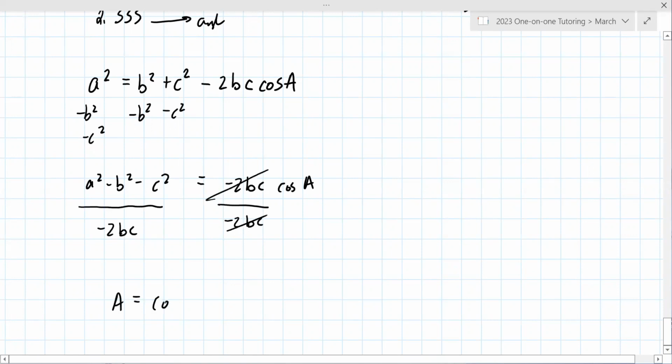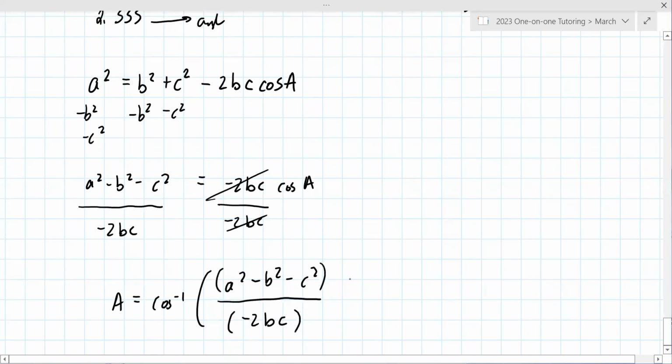So A is the cosine inverse of A squared minus B squared minus C squared over minus 2BC. There are implied parentheses in the numerator and denominator. That's important when you're entering it in, because it's really easy to miss a parenthesis and obviously get the wrong answer. That's no good.